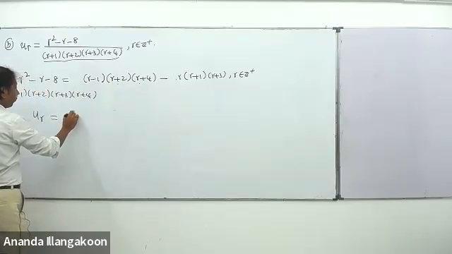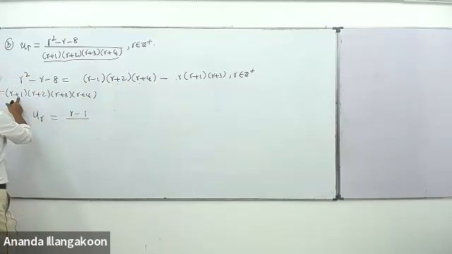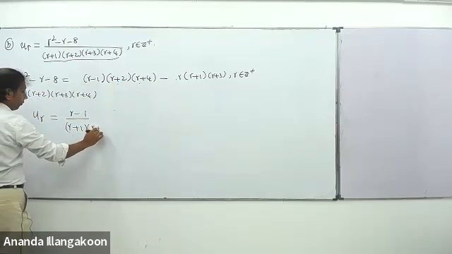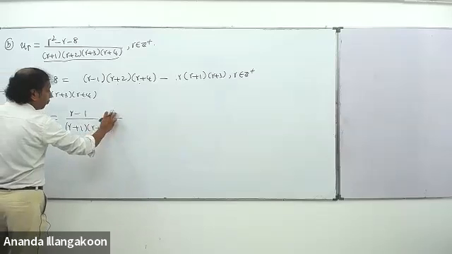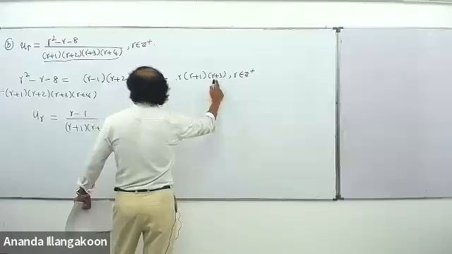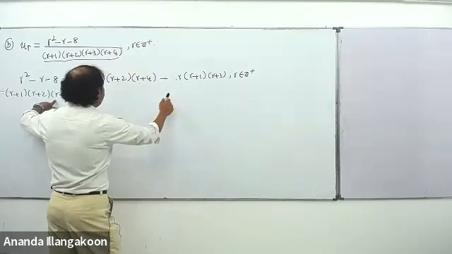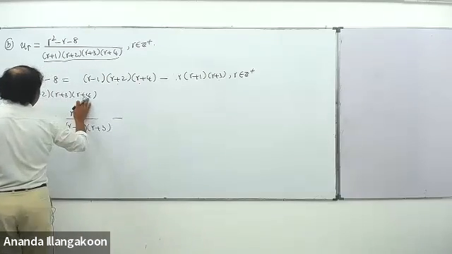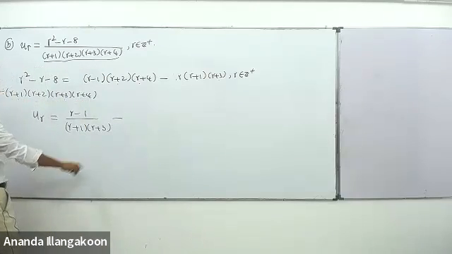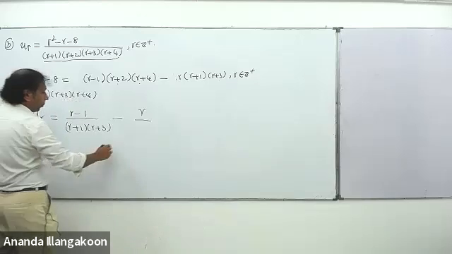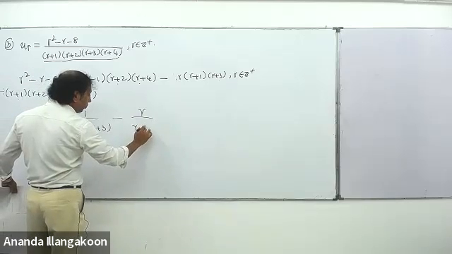Then we get R minus 1 here, and R plus 1, R plus 3 here, minus. When I divide the other term, R plus 1 and R plus 3 cancel. Then we get R here, and R plus 2, R plus 4.